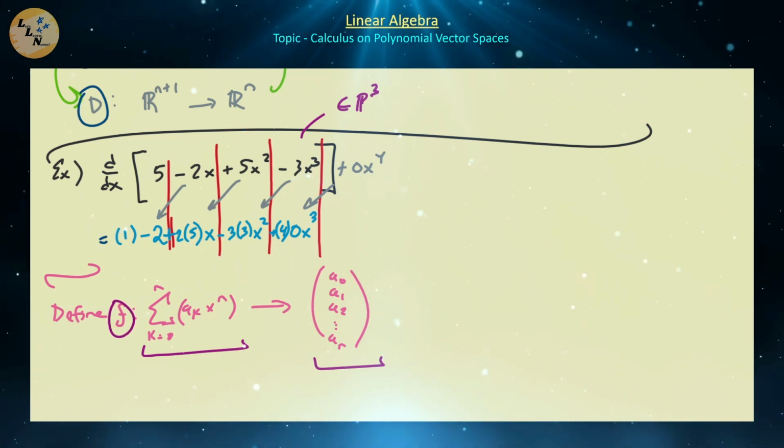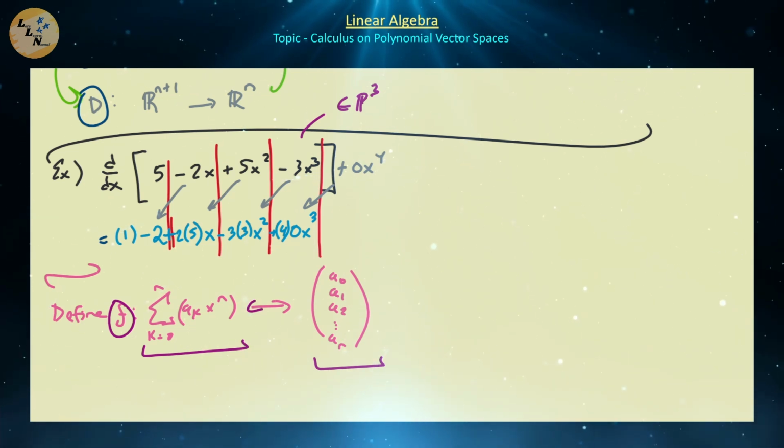One should be able to show that this mapping F is indeed an isomorphism between polynomial vectors in function form and polynomial vectors in Cartesian form. So you can go back and forth if you really want to.